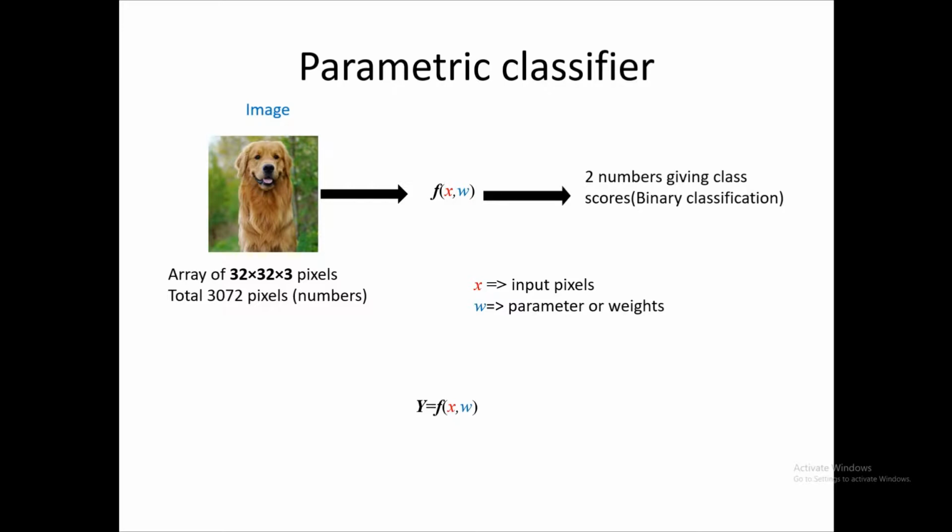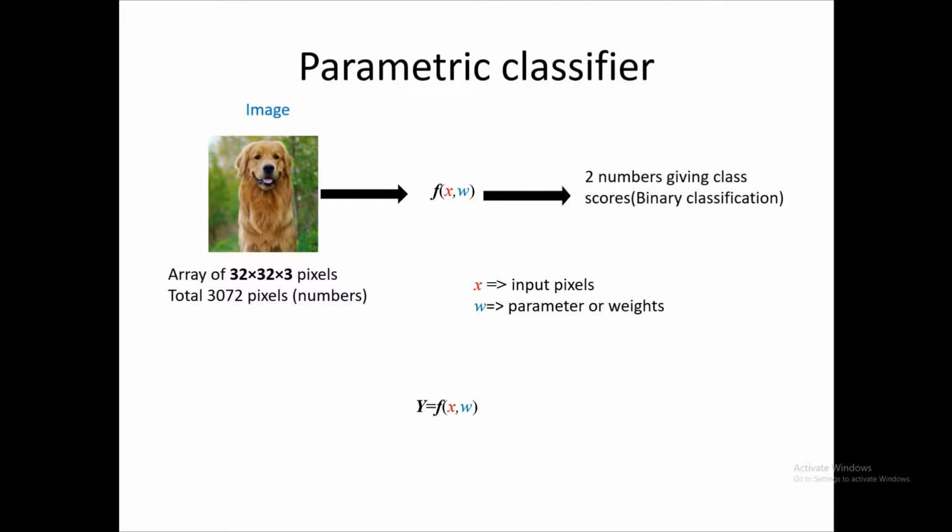And now at test time there is no longer any need for the actual training data, as it was needed in the KNN classifier. We just use the w, or weights or parameters. With the help of this parameter w, we can predict the categories of the test data, which makes the model more efficient.